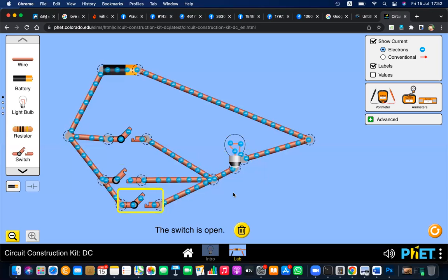So OR gate behavior is where all these inputs are zero, the output will be zero.